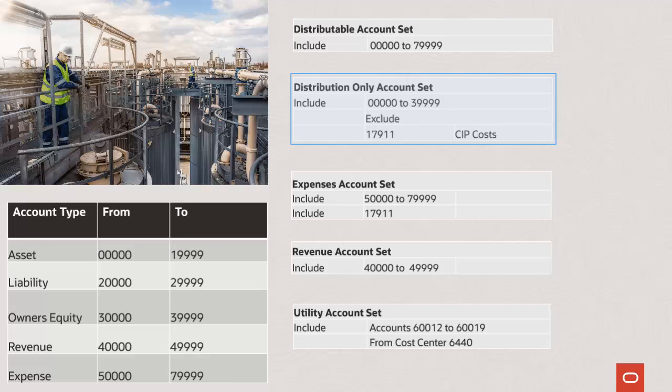The only exception is the asset account for construction work in progress represented by the natural account 17911. The construction work in progress accounts are considered to be a cost for the joint venture. We have an account set to represent the expenses, and another one to represent the revenue. The last account set is the utility account set used for overhead calculations.